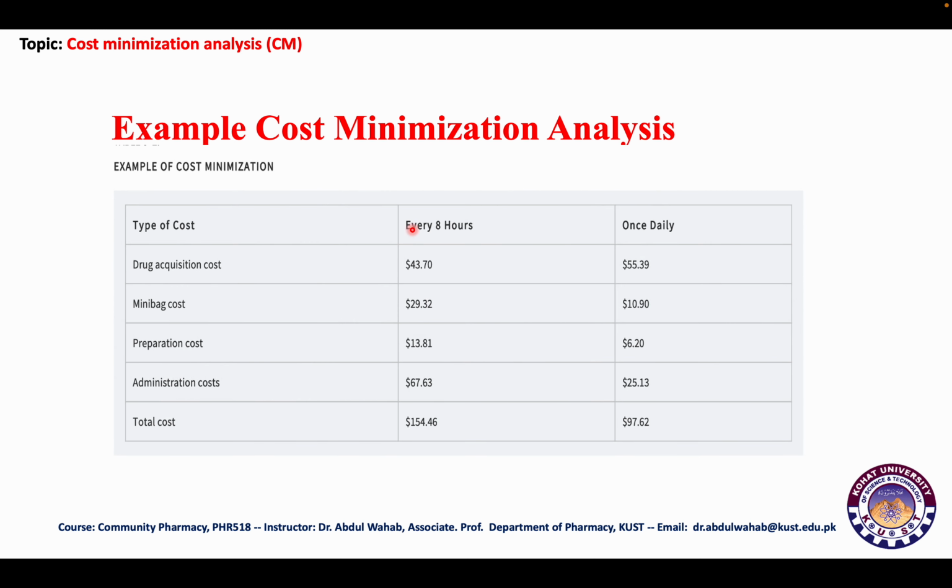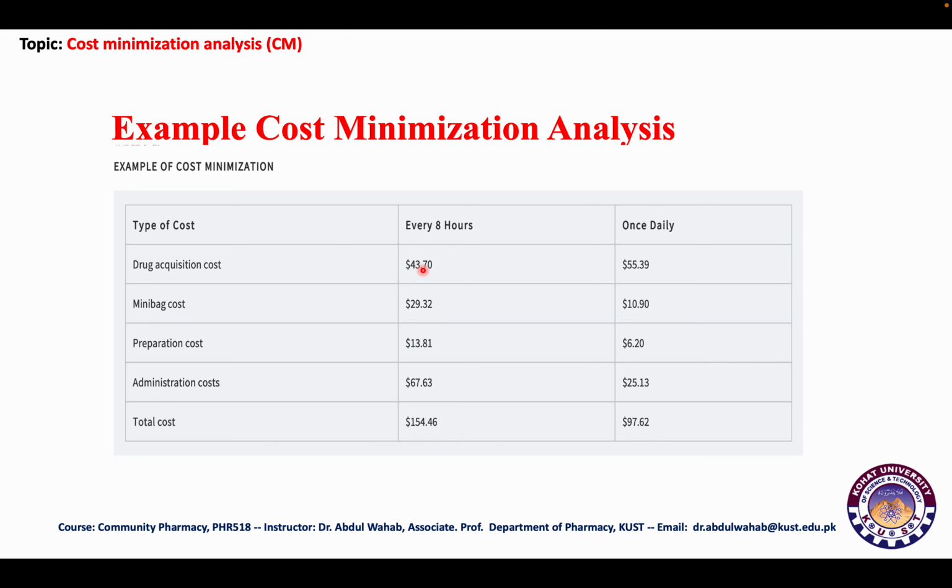So the drug acquisition cost is $43.70 for the product administered once a day, and the price for the product which should be administered 3 times a day is $55.39.